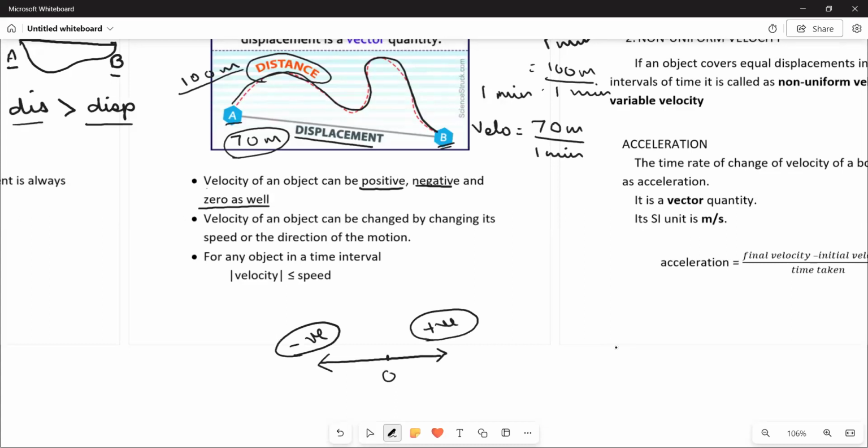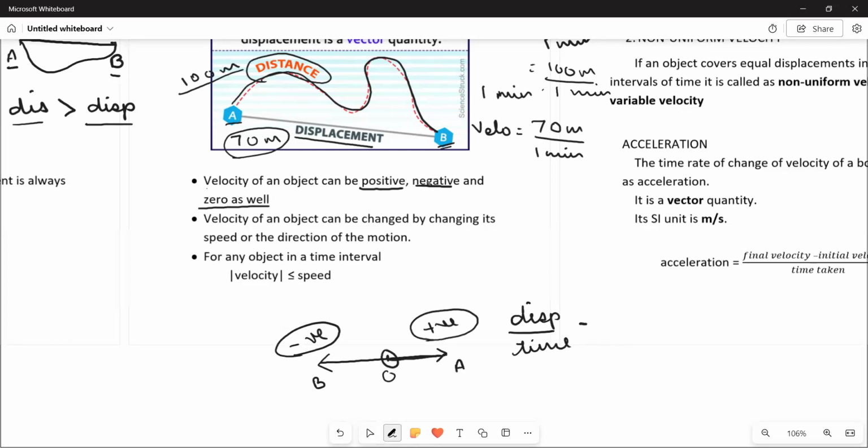And say we went to this point A and then went to point B and again came back to the same point O over here. So our total displacement was zero even if we required some time. So as we know that velocity is displacement upon time, our total displacement was zero because our final position is equal to the initial position.